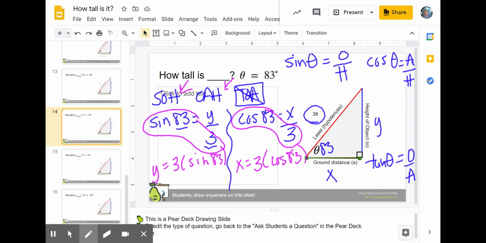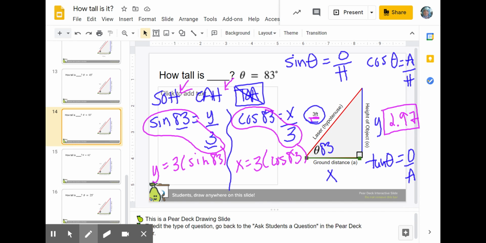What'd you get for the height and what'd you get for the ground distance, the A? Love it. 2.97, so it's almost 3. We can't call it 3 because this was 3. So it is a flat, flat, flat triangle.